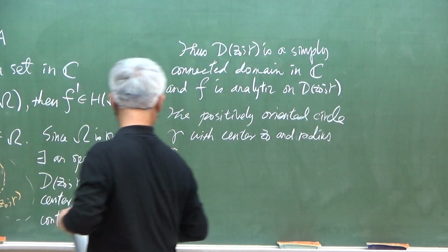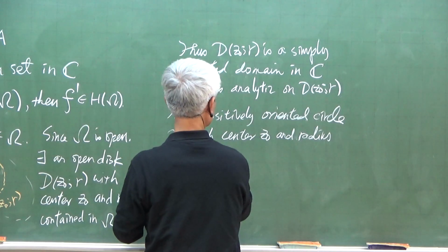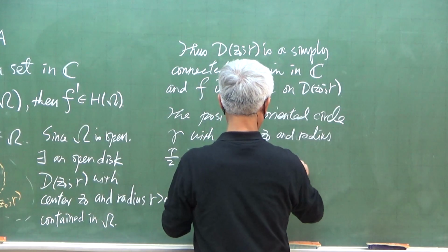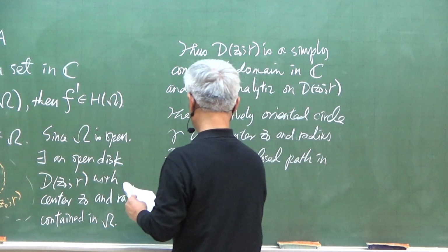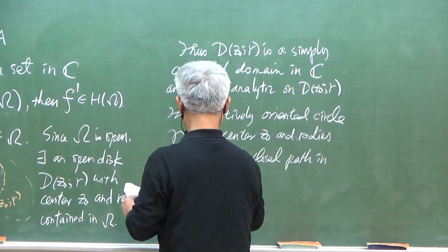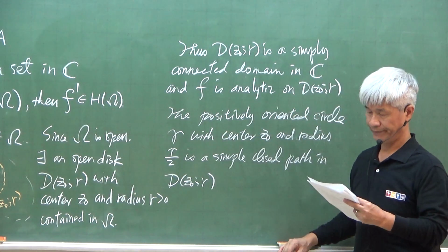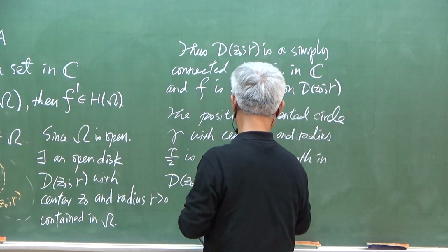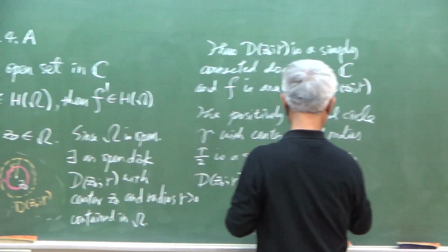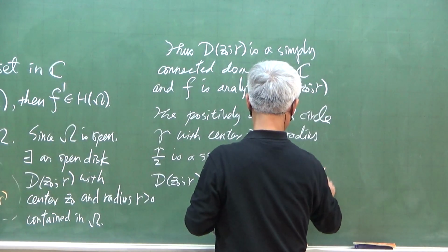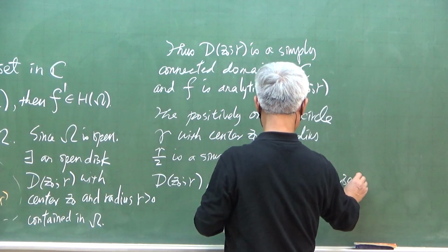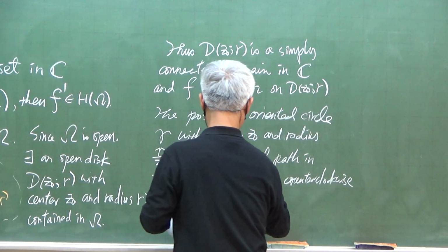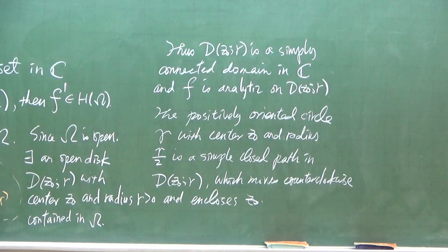Okay, it's a simple closed path in the simply connected domain D(z0, R), which moves counterclockwise. Okay, and encloses z0. Okay, as required in this theorem.